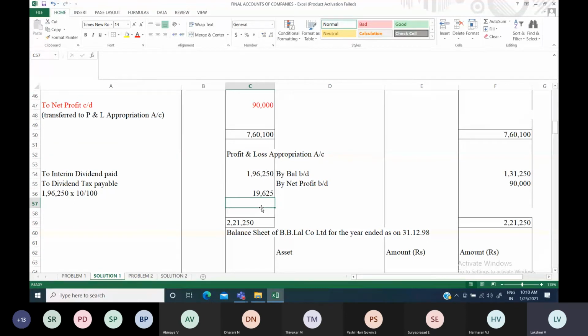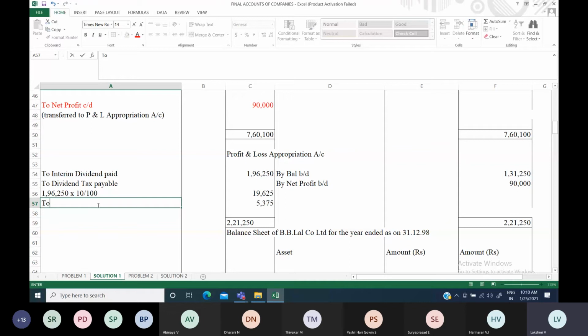So I am getting 5,375. Now what is this amount known as? It is surplus. Okay. So this has to be transferred to the balance sheet, liability side, capital, surplus. Like how profit you will be adding as net profit, similarly surplus you have to add to the balance sheet.